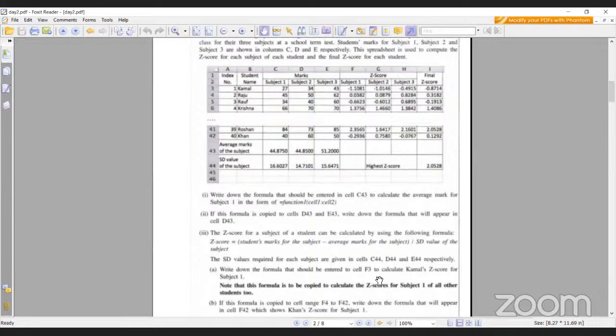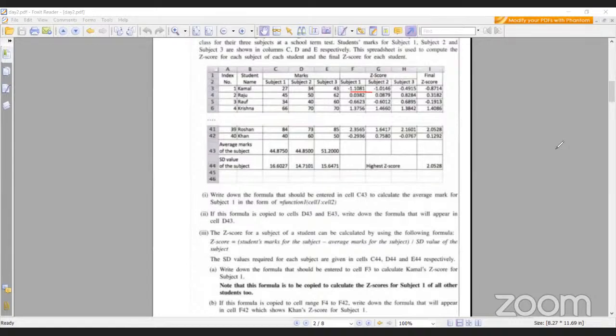Write down the formula that should be entered to F3. F3 is here. F3 to calculate Kamal's Z score.